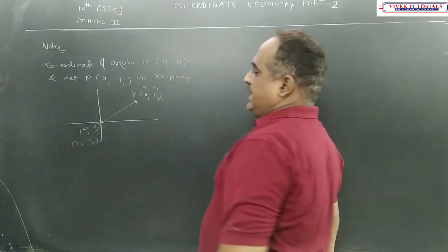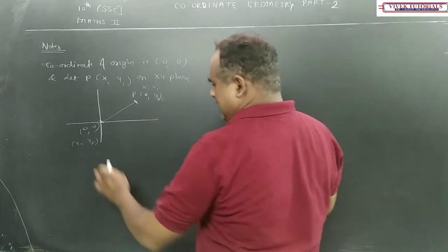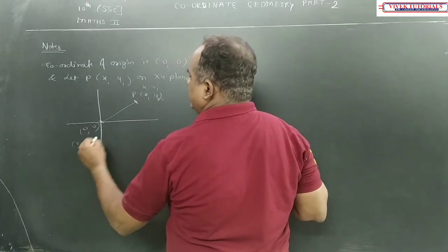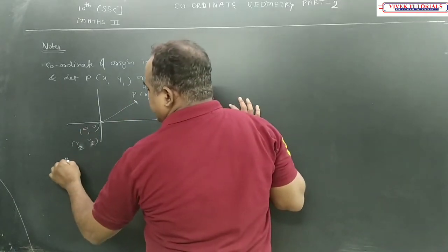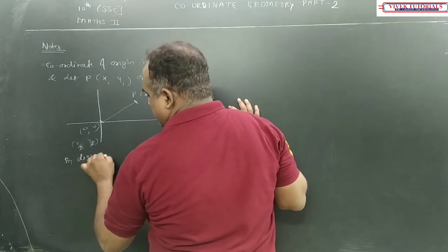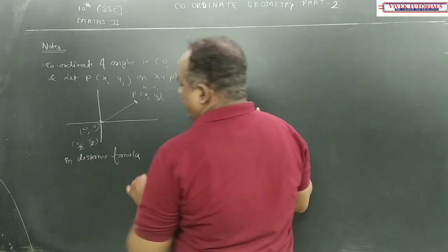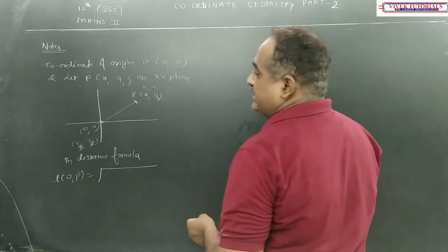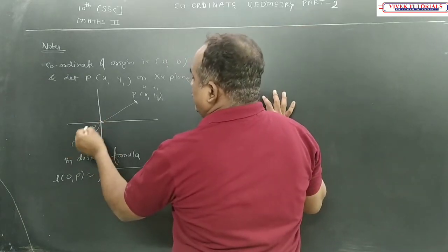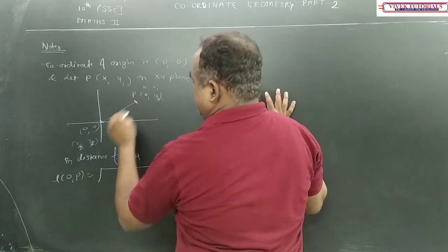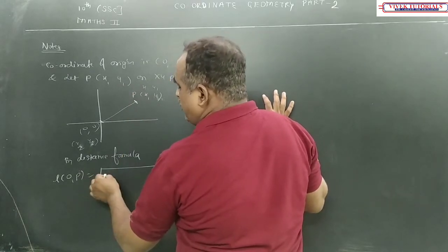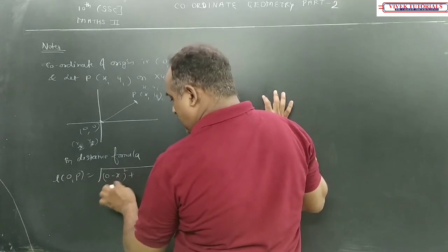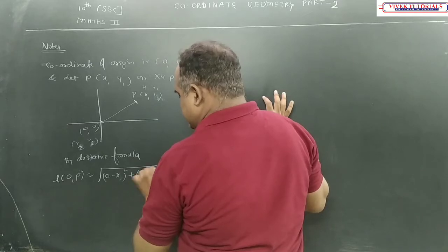So by the distance formula, distance OP is equal to the square root of x2 minus x1, but x2 is 0, so 0 minus x the whole square, plus 0 minus y the whole square.